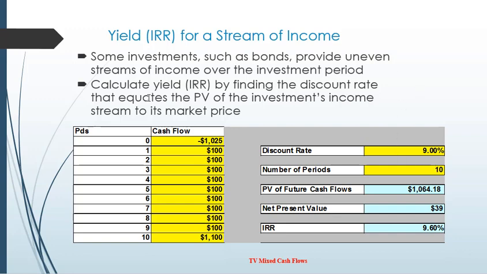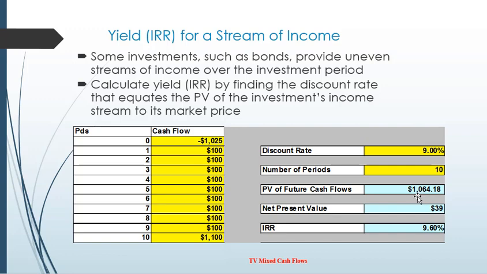So in this example, we're looking at a bond, and you're going to pay $1,025 for this bond, and you're going to receive $100 a year for 10 years, and the last year you're going to receive an additional $1,000. So what is the value of these cash flows? What's the value of the future cash flows? This bond is worth $1,064. The discount rate here is 9%.